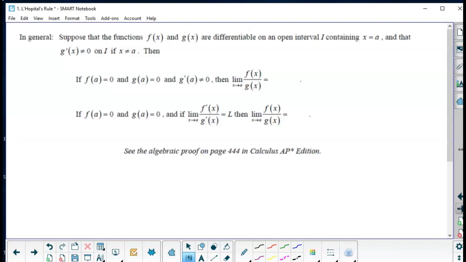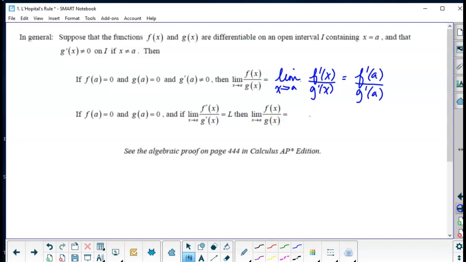Then, basically, if your numerator and denominator are 0, and the derivative of the denominator at a is not 0, then the limit of f of x over g of x as x approaches a is the limit as x approaches a of f prime of x over g prime of x. Okay, and that is f prime a over g prime a.